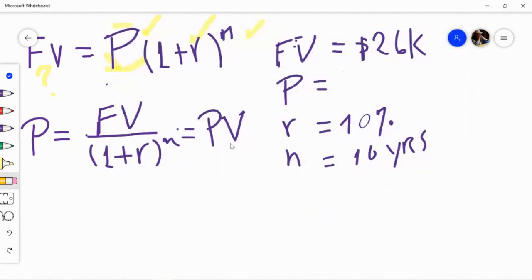If you plug in the exact number, 25,937.43, into 1.1 raised to 10, we will get exactly 10K.